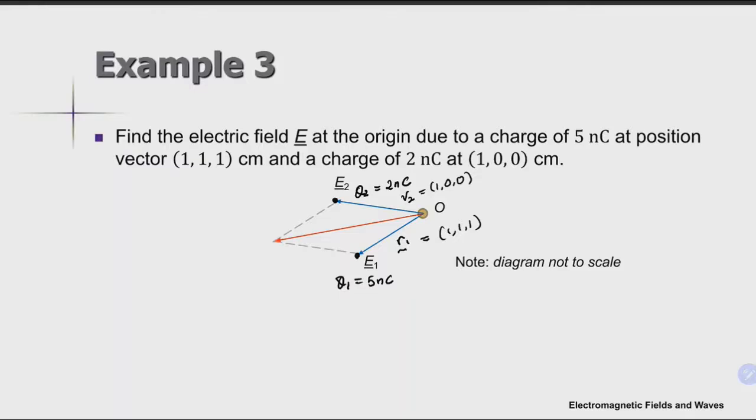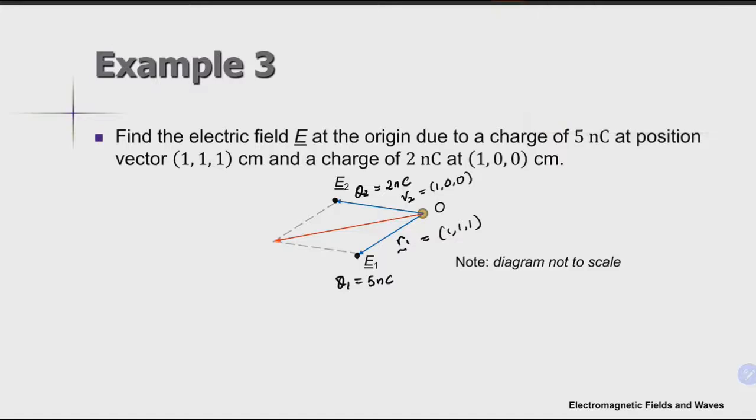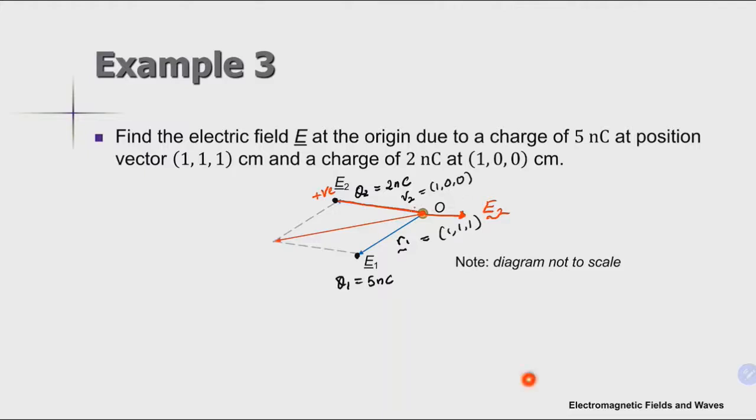Okay, so you need to work out the individual electric fields. If this is a positive charge, pointing towards my origin, at this point here, you have an electric field E2. If I define this as my position vector pointing at the origin, that vector will be minus R2.